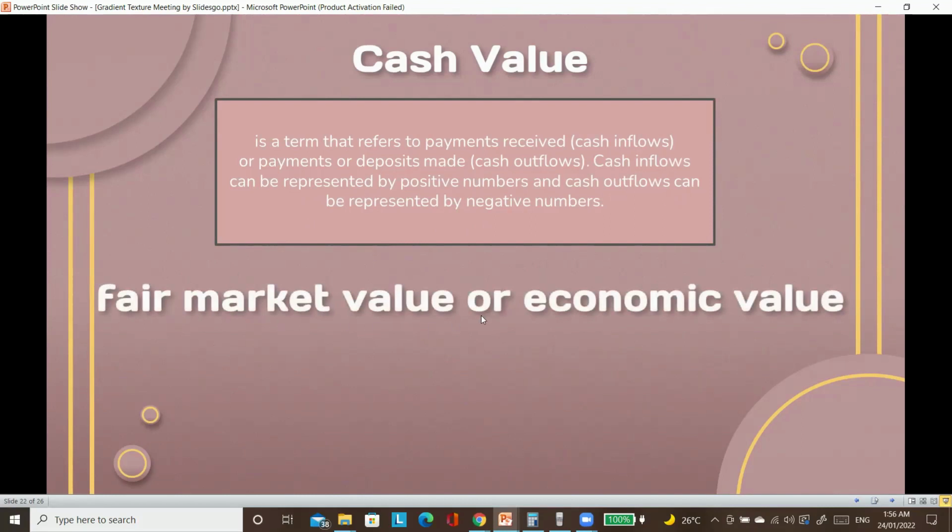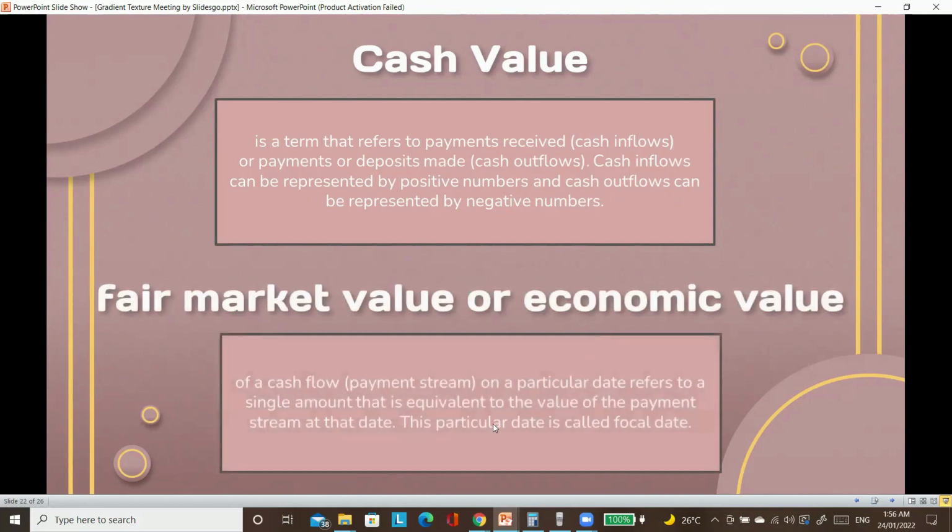We have fair market value or economic value. So, tinatawag din siya, yung fair market value, tinatawag din siyang economic value, right? Of a cash flow, payment stream on a particular date refers to a single amount that is equivalent to the value of the payment stream at that date. This particular date is called focal date.